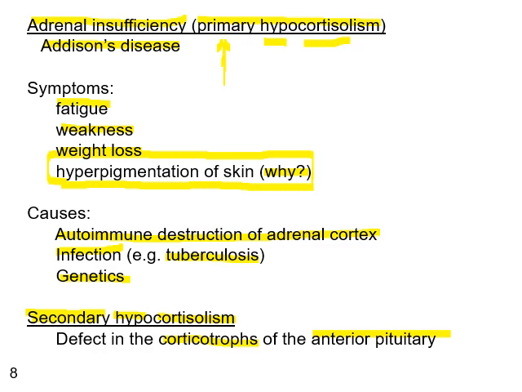If the corticotrophs are not producing enough ACTH, mostly for genetic reasons, that would lead to secondary hypocortisolism because the adrenal would not get enough signal to produce cortisol.